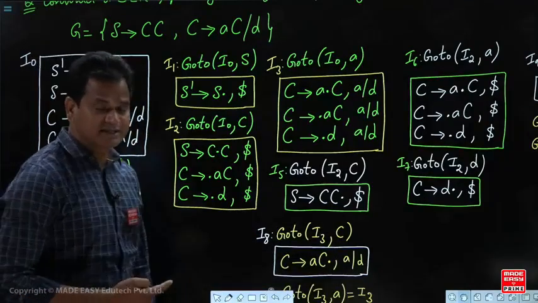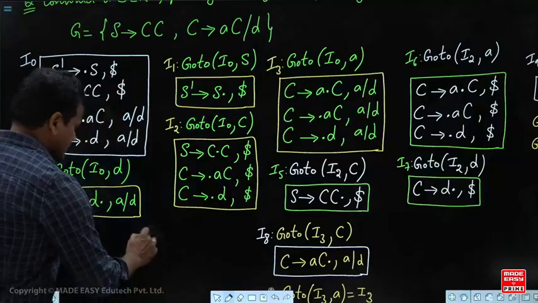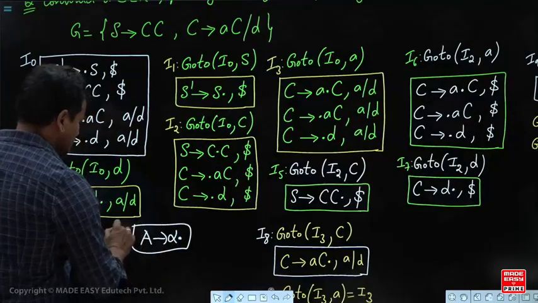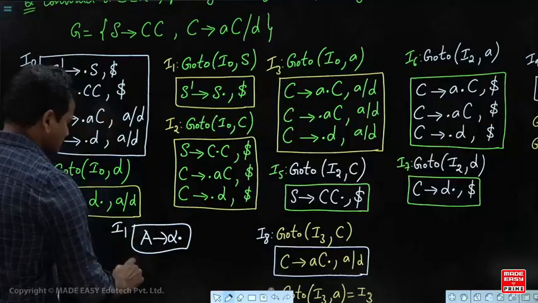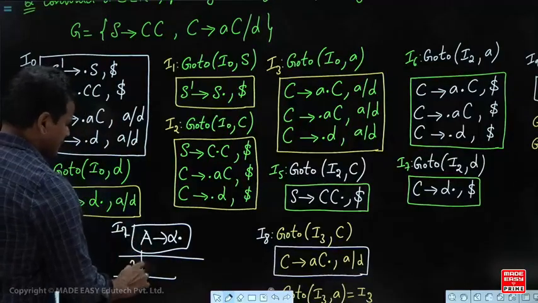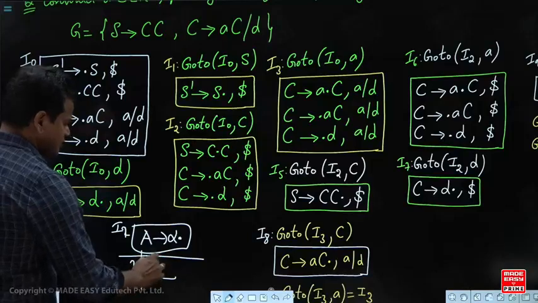You remember in SLR(1), for any production where the dot reached the end, what did we do? Suppose it is in I1, first row; if it is I2, second row: reduce by A dash alpha.